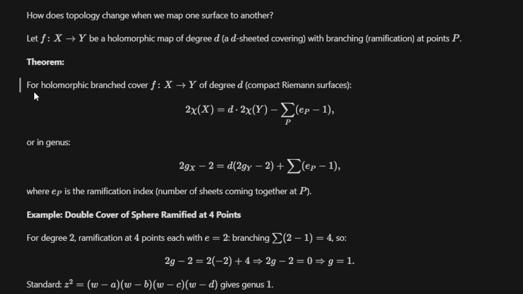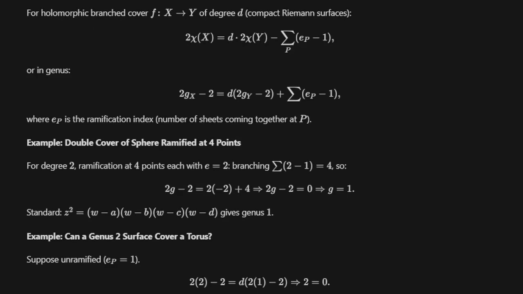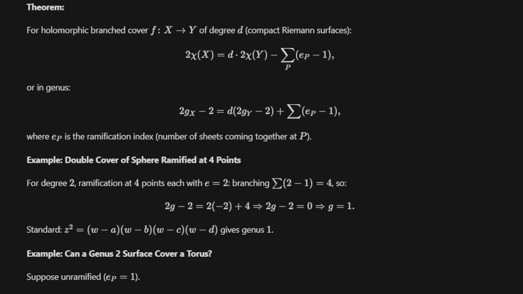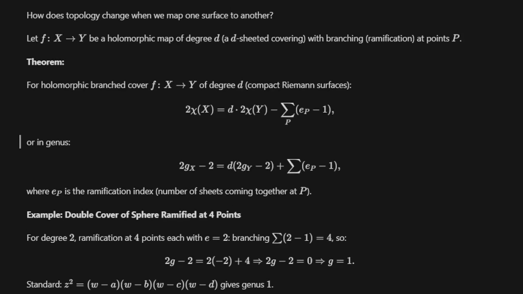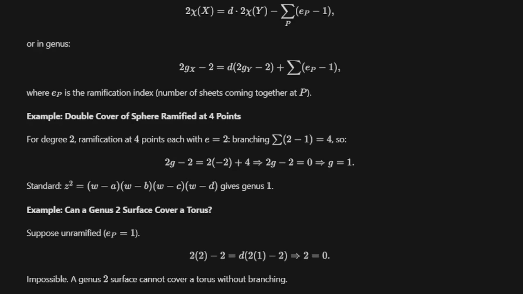we can then say that for a holomorphic branched cover mapping from X to Y of degree d, for compact Riemann surfaces, the cover will look like a kind of stack of pancakes.